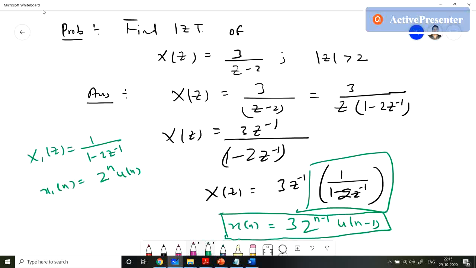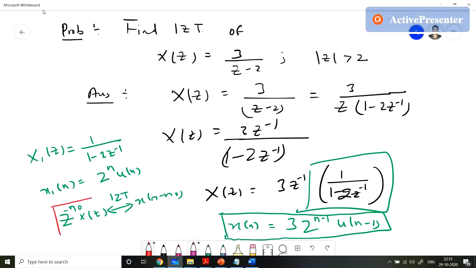So we have used the property that z raised to the power minus n0 times X(z) has the inverse Z transform x[n minus n0].